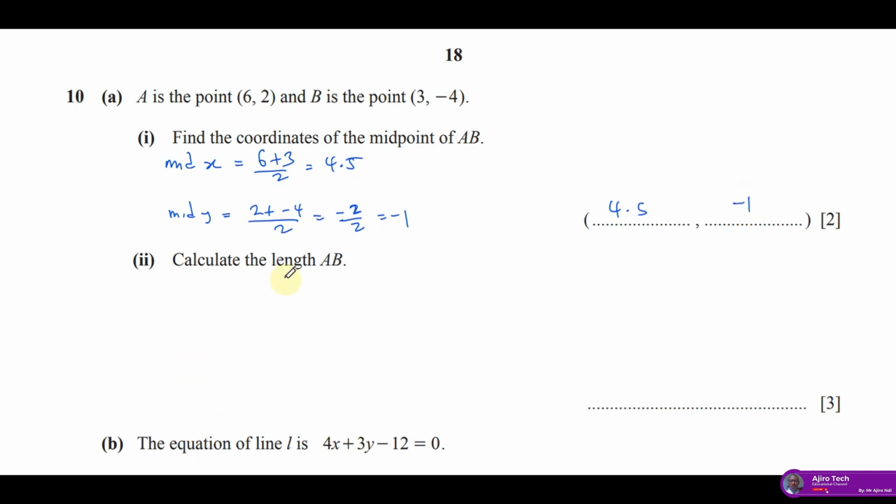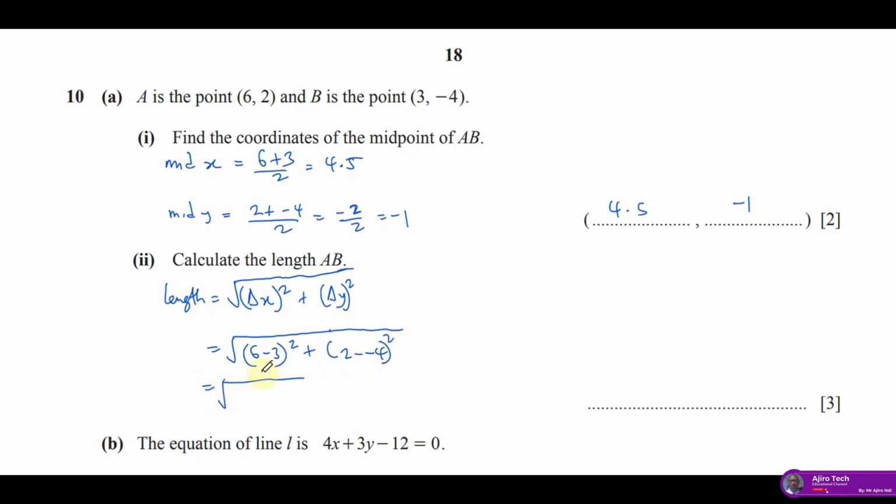Calculate the length. Now, if you're looking for the length of the line, that will follow Pythagoras' theorem. So the length of the line is the square root of change in x squared plus change in y squared. It should be the square root of 6 minus 3 squared plus 2 minus minus 4 squared.